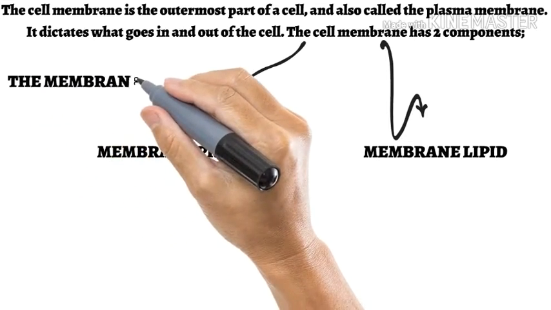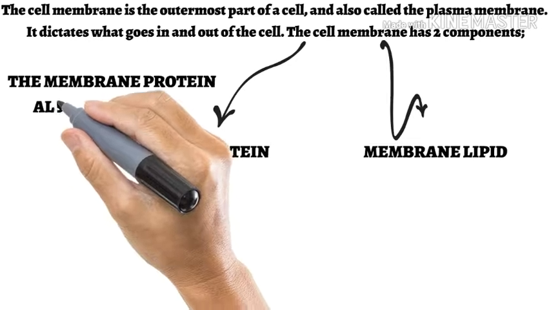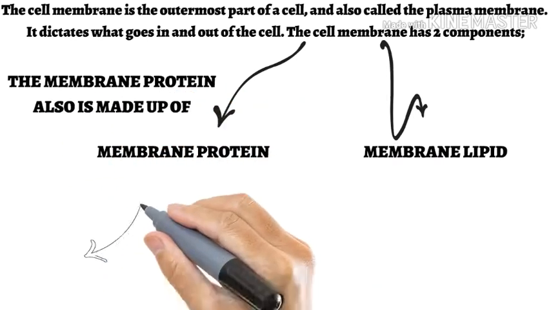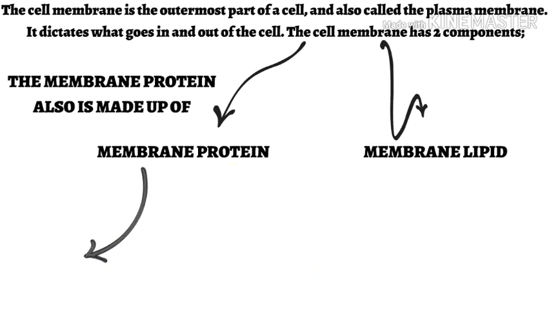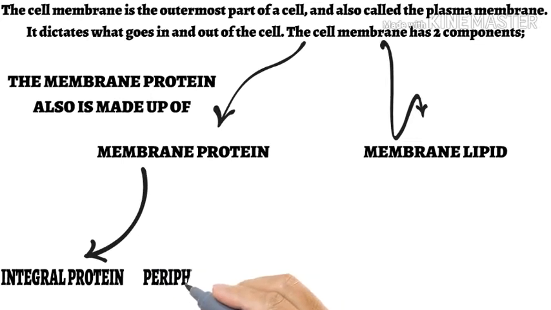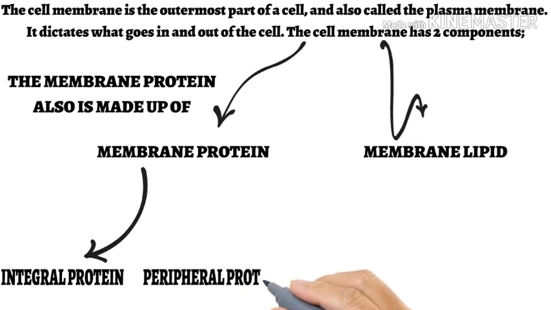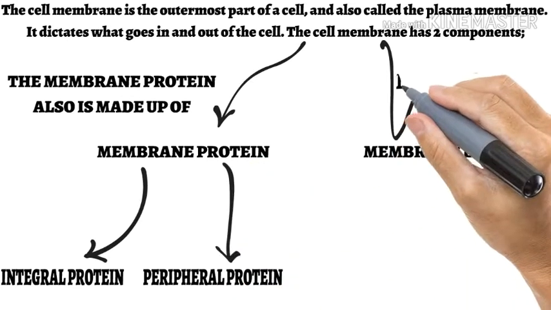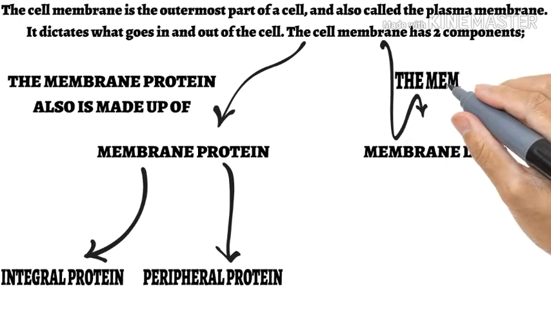The membrane protein is also made up of two types of protein. The first one is integral protein, and the second one is peripheral protein. We will get to know more about these proteins in the next page.